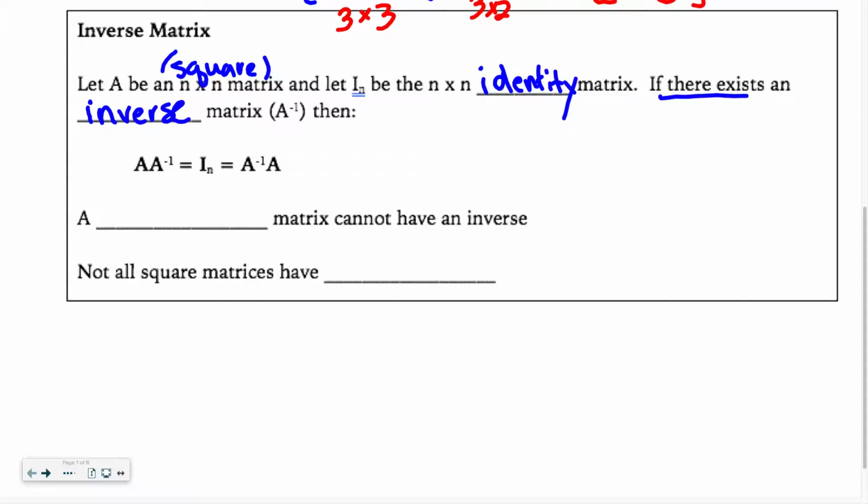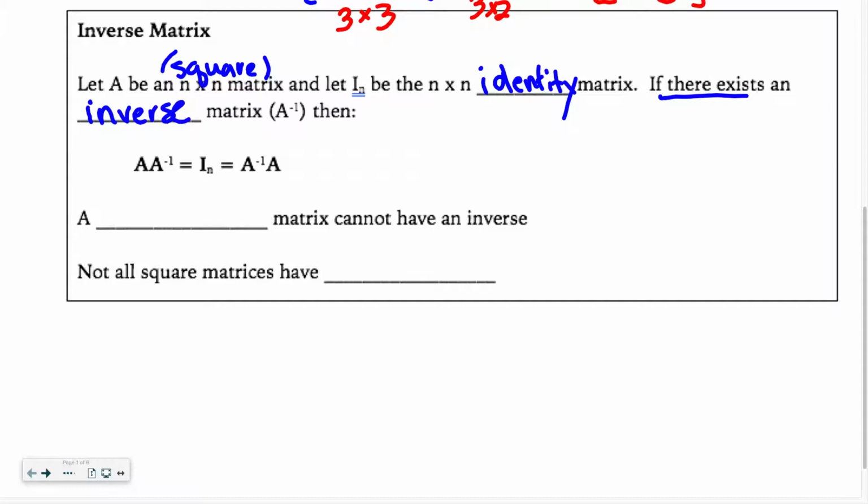A matrix A times its inverse is the identity matrix. And you can even multiply it the other way. We said last week matrix multiplication is not commutative unless it's a matrix and an inverse matrix. The inverse matrix times A is also the identity matrix. So it doesn't matter which order you multiply them, you will get the identity matrix.